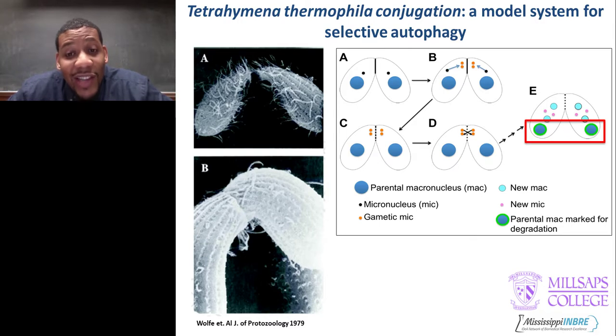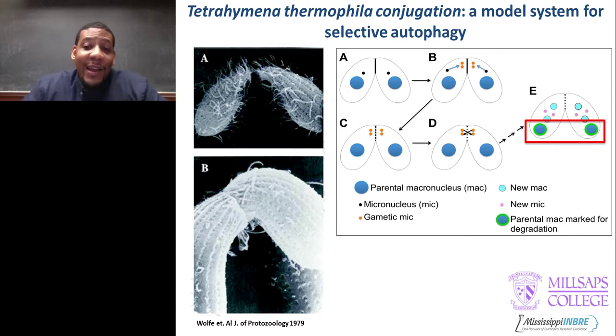And so what essentially happens, as you can see in E, is that from the gametic fusion of the two nuclei, what you get is two light blue macronuclei, and those two little pink new micronuclei. And so what ends up having to happen for these cells to gain a new phenotype is that they have to destroy the old macronucleus.